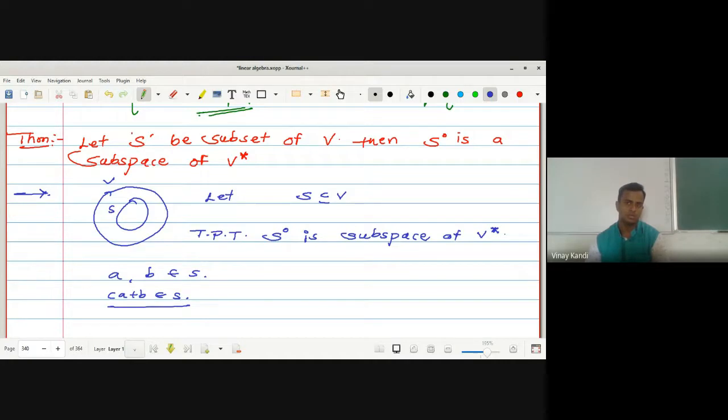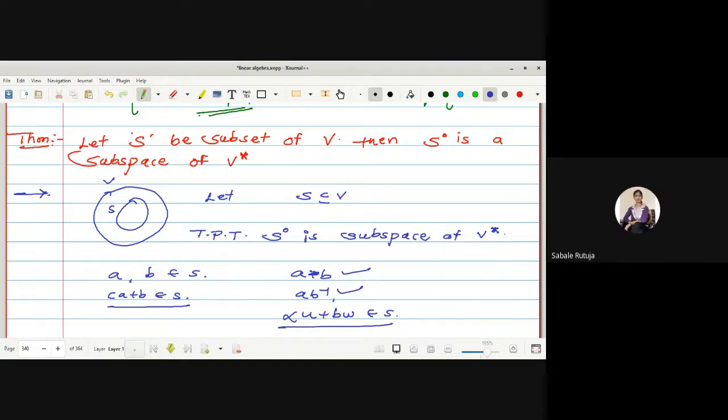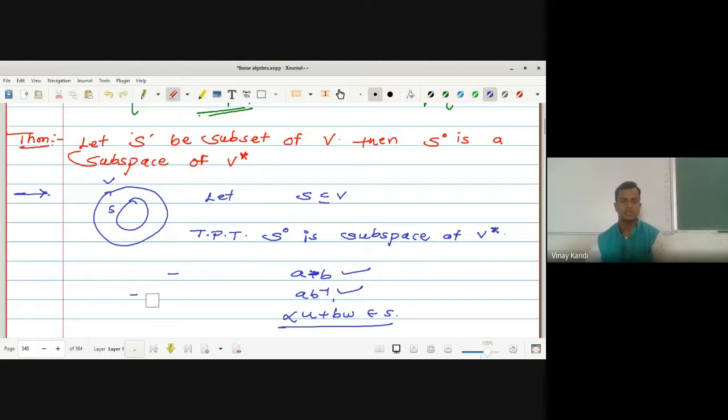I am saying subspace, not subfield. For a subfield it would be A minus B and A B inverse. That is for a subgroup, and both together for a subfield. For a subspace, what do we have to show? Alpha U plus beta W belongs to S. Is it correct? Yes, sir. Remember this. If A minus B belongs to the set, then it is a subgroup. If A minus B and A B inverse, then it is a subfield. For a subspace, prove something like alpha U plus beta W belongs to S.